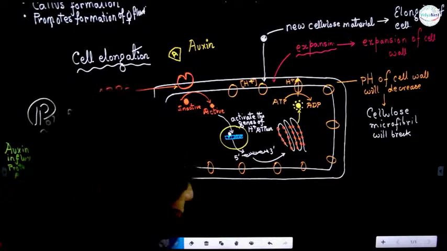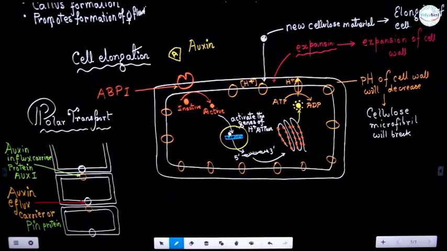So there are two different types of proteins. One is the AUX1 protein, another is the PIN protein at the base of the cell only.